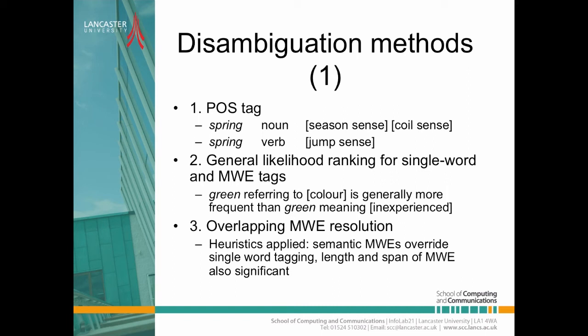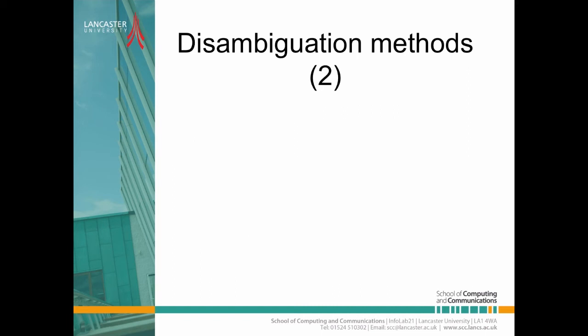So generally we have a small set of rules which say if the idiom, if the multi-word expression is shorter or more well specified, then prefer that possible sense over something that is less well specified or has a longer span.